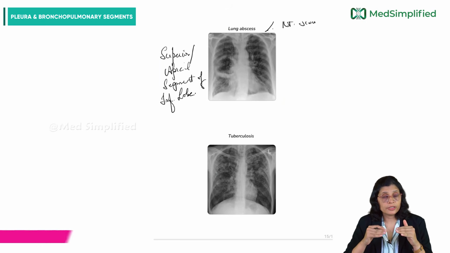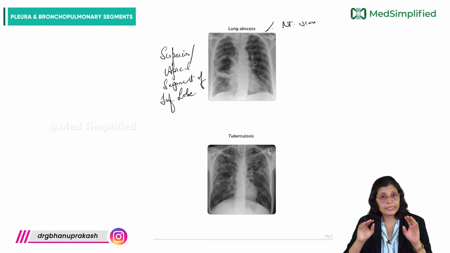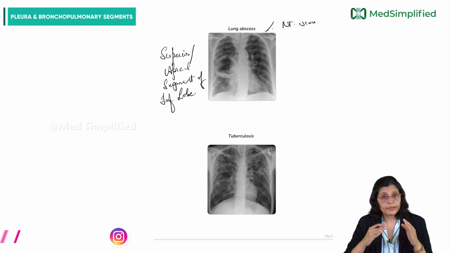So tuberculosis of the lung is mainly seen first in the apical bronchopulmonary segment of the superior lobe of both sides. So why do we see it there more commonly? Because that portion, the apical bronchopulmonary segment, is aerated less and there is less oxygenation.